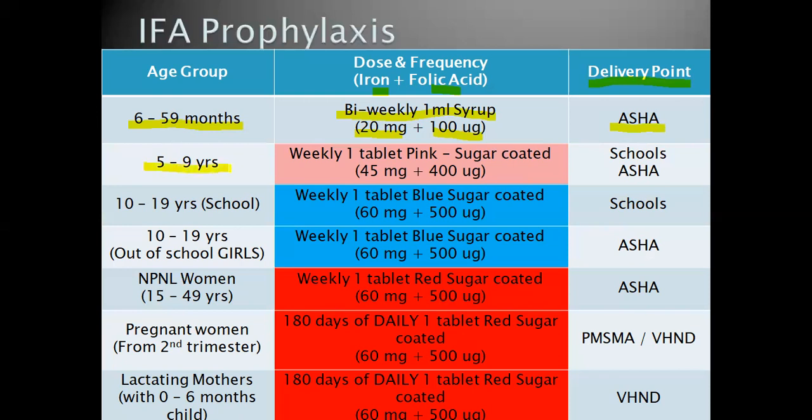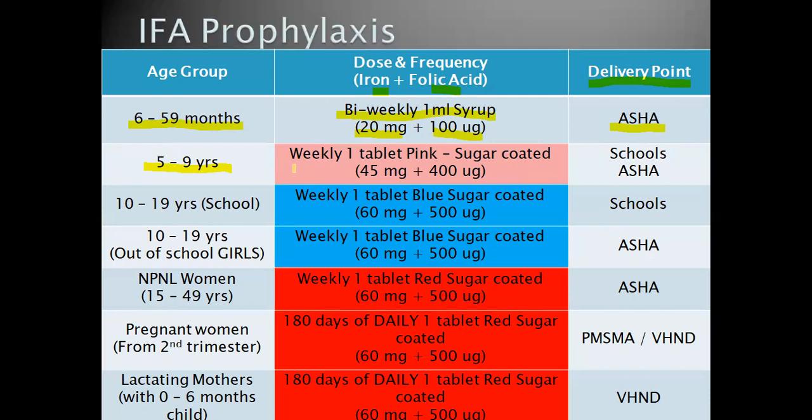5 to 9-year children, that is the primary school children. Now, just focus on the color of the tab, the center tab, to remember the color of the iron folic acid tablet which these respective groups are going to get as a part of the IFA prophylaxis.